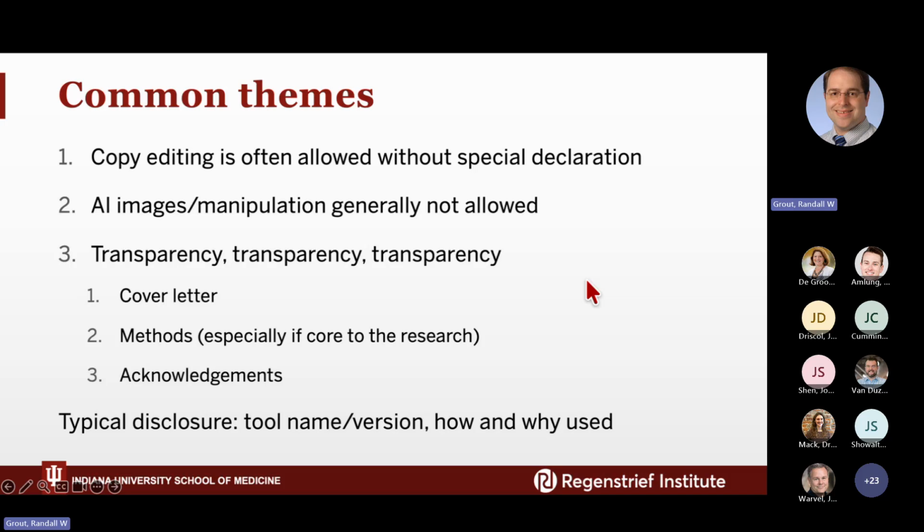Three places that are commonly brought up to share how AI was used would be one, in the cover letter, two, in the methods, especially if it is core to the actual research being done, and three, in the acknowledgments. And the acknowledgments might be places where it's more incidentally used, not the core part of the investigation or the methods of that study.